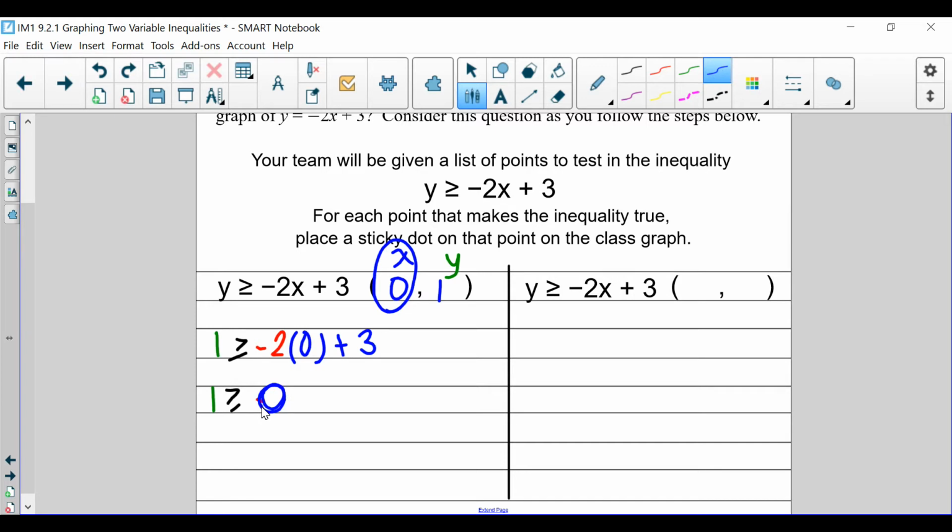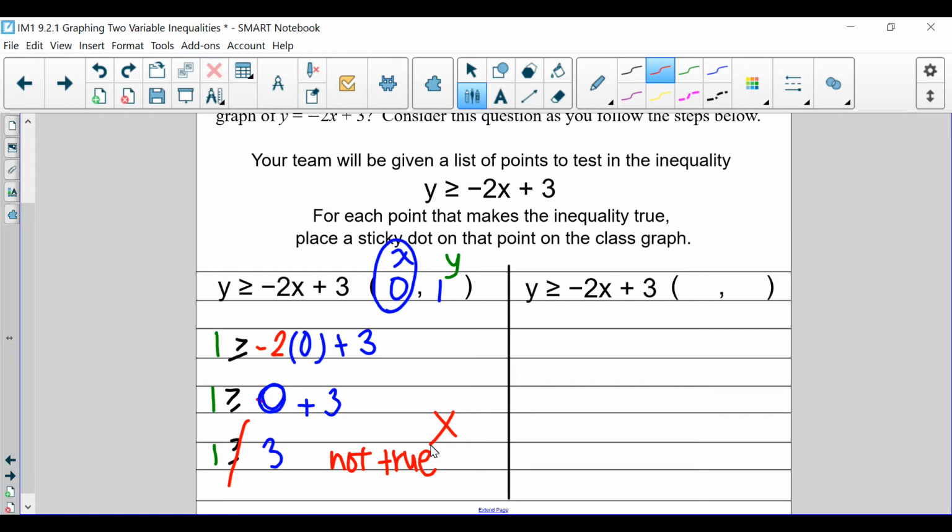So we've got 0 here, plus 3. Then we've got 1 is greater than or equal to 3. Is this a true statement? We'd say no, not true. So is 0, 1 a part of the solution? We would say no, it's not a part of the solution. So we know this is not correct.